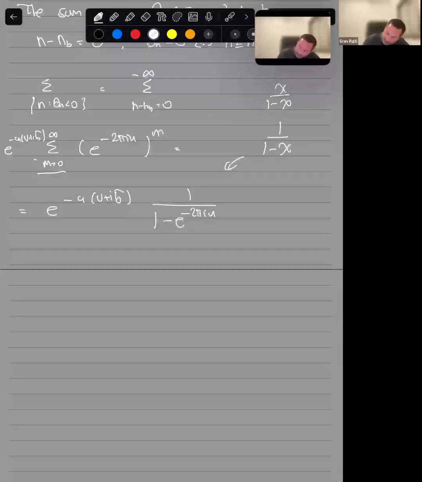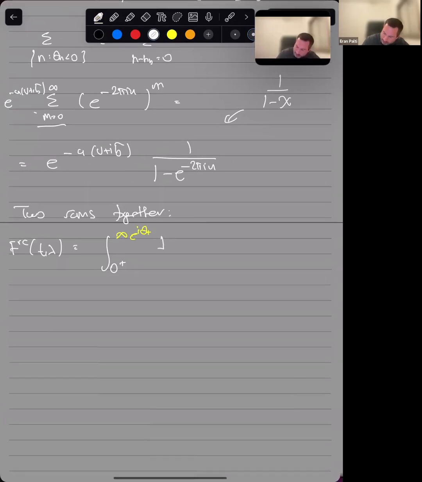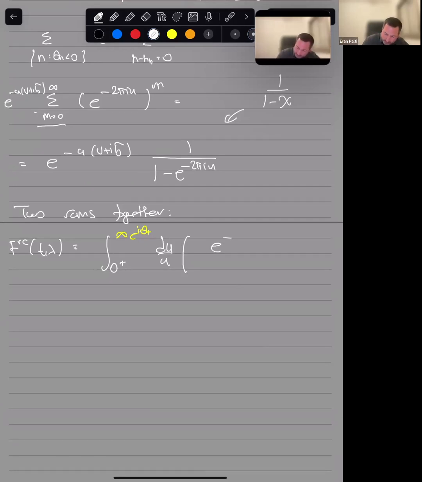So now if we write the two sums together, so the full free energy expression, we have that the free energy is now the integral from 0 plus to infinity of e to the i theta plus, du over u. And then we have e to the minus t minus 2 pi i nb u over 1 minus e to the minus 2 pi iu.